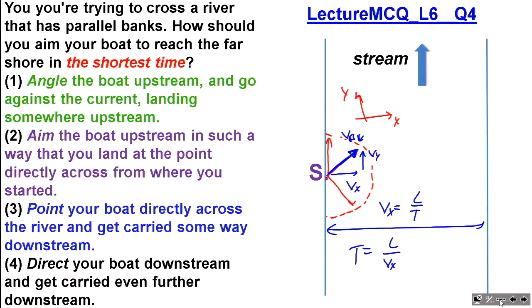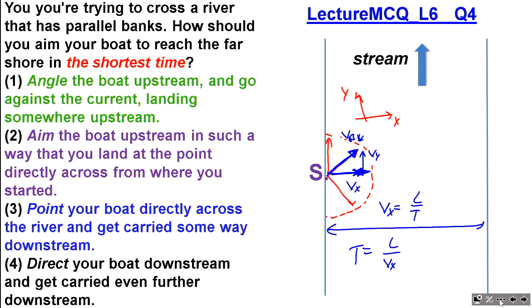If I want to decrease the time, what should I do to the x component? Increase it, make it as large as possible. So which of these arrows would give me the longest x component? This one. It doesn't have a y component at all.